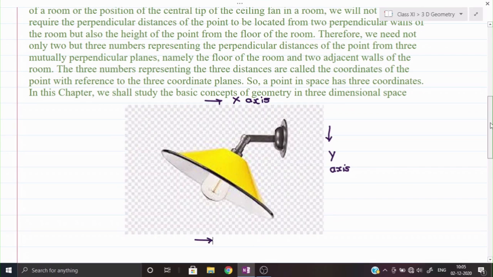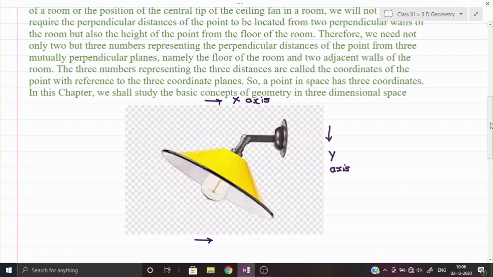They are saying that we need three numbers representing the perpendicular distances of the point from three mutually perpendicular planes. These two walls and the floor are our mutually perpendicular planes. A plane is a rectangular surface, a very thin surface which we can suppose has no width.